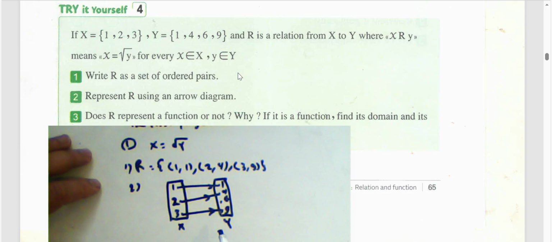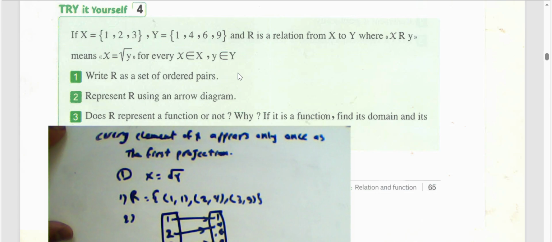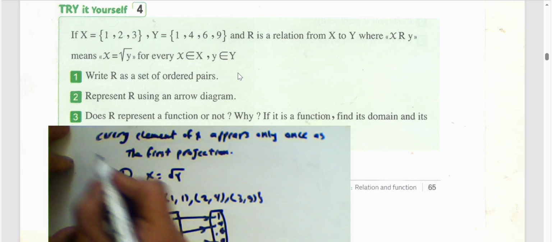This is a function, we call it a function because every element of X appears only once as the first projection in the relation. Okay, 1, 2, 3. We call this a function because each element of X appears only once as a first projection.